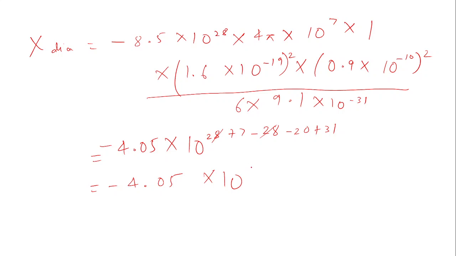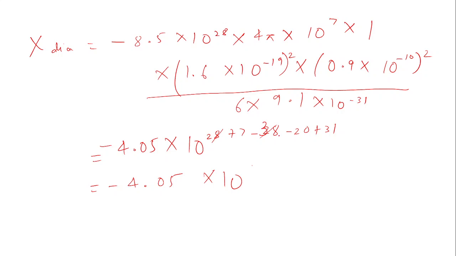This will be 10 to the power, wait, this is correct, huh? 28 and 20. Oh, sorry, this will be 30. This will be 30. 19 square will be 30.